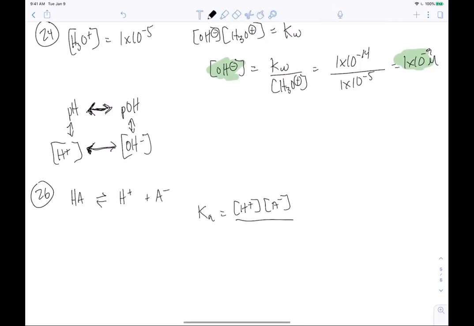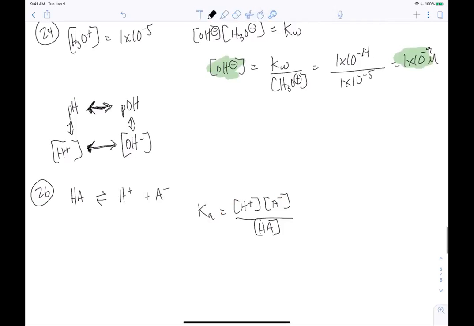So ordinarily, the way that we ask these questions, we'll ask you what the concentration is. We'll say like, what's the pH, or like what's A minus at equilibrium. Here, they're kind of giving you the opposite. They're indirectly telling you what the equilibrium concentrations are, and you're calculating Ka from that. We can write it out in the RICE table.